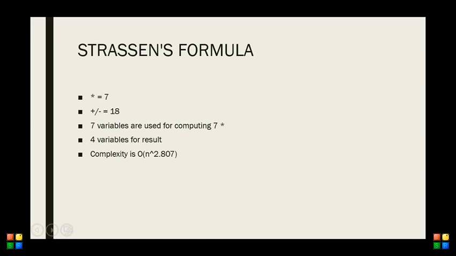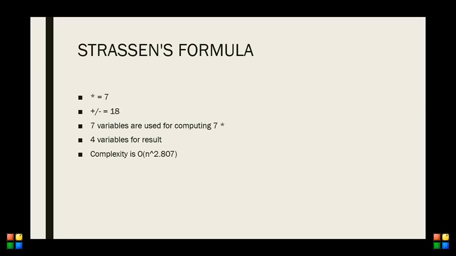Strassen's formula has 7 multiplications and 18 additions or subtractions, as opposed to the standard formula, which has 8 multiplications. The cost or overhead which arises due to multiplications is more significant than that of additions and subtractions.